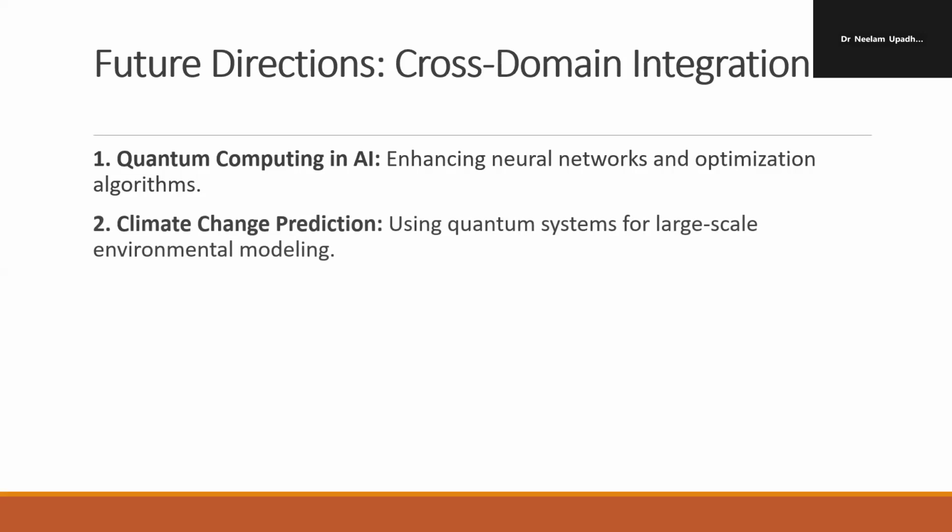We have given the example of using quantum systems for large-scale environmental modeling concepts, like climate change predictions. One of my friends is working on climate change prediction research in their PhD. They gave me a topic that predicts the quantum climate by using quantum technology.